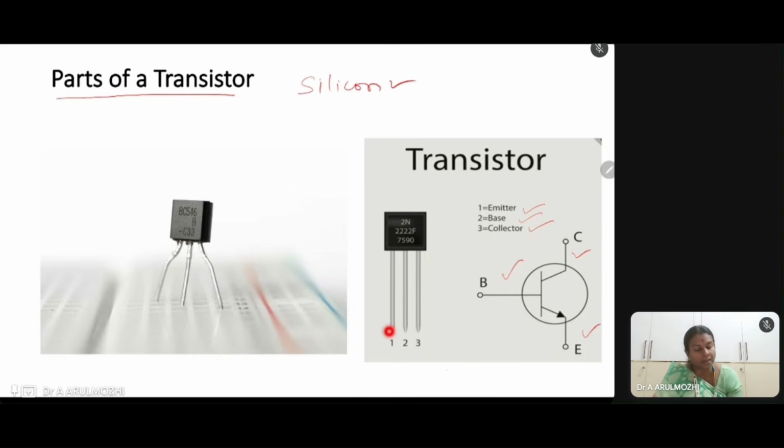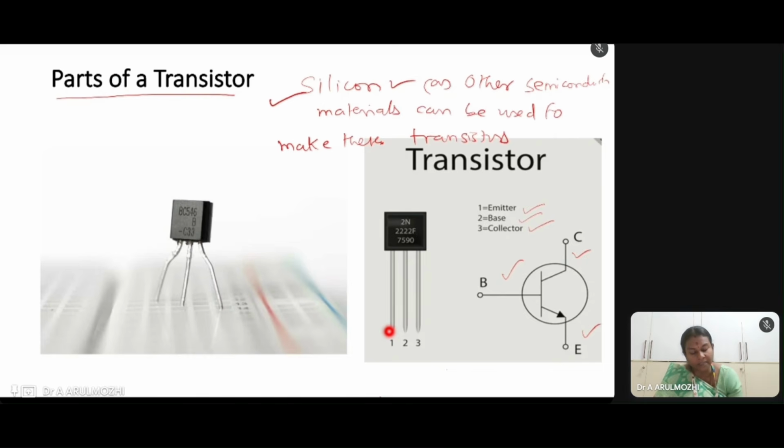Okay, silicon or other semiconducting materials can be used to make these transistors. So we can understand what the raw materials are.